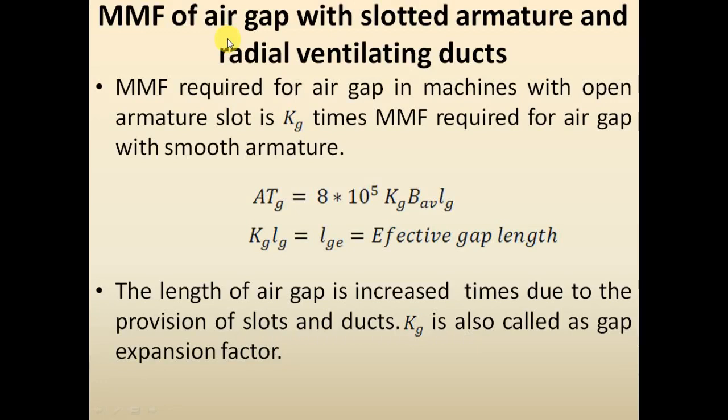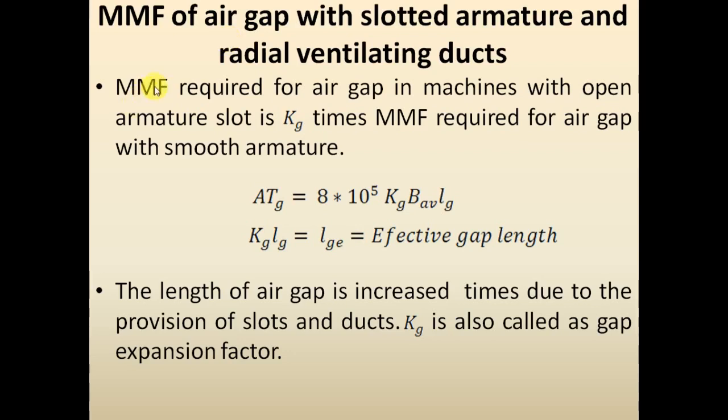Next we are going to study the mmf of air gap with slotted armature and radial ventilating ducts. From the previous video session, that is reluctance of air gap, you have studied that the reluctance of air gap with slotted armature and radial ventilating ducts is kg times that of reluctance of air gap with smooth armature.